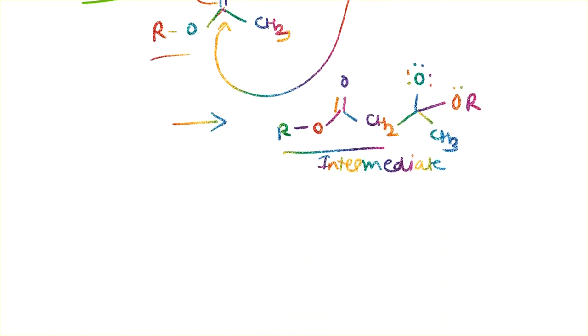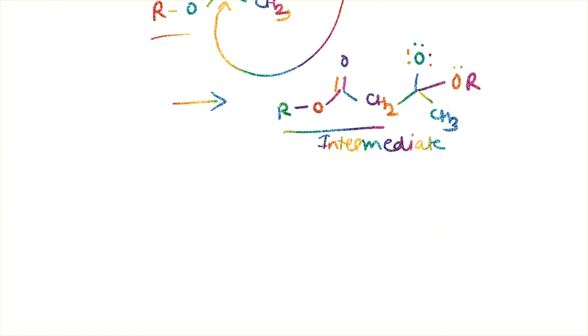So in the final step, step 3, the intermediate finally collapses, reforming the carbon oxygen double bond, resulting in the loss of the leaving group, which is our alkoxide ion. So what will actually happen is that this will come here and this will break. So the final product comes from this, not from this.